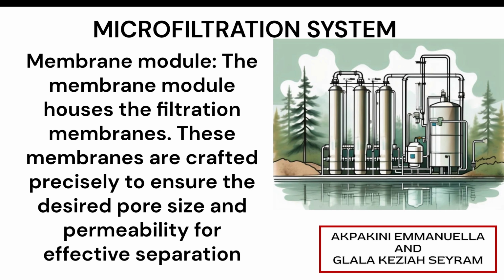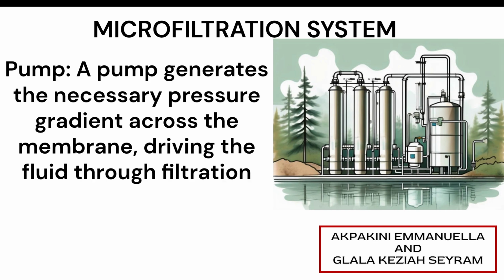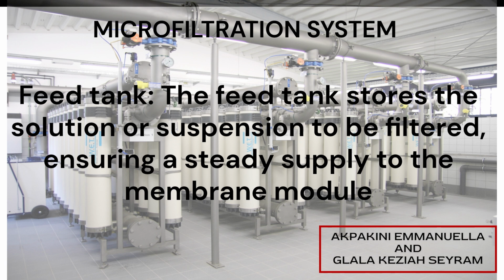These membranes are crafted precisely to ensure the desired pore size and permeability for effective separation. A pump generates the necessary pressure gradients across the membrane, driving the fluid through filtration. The feed tank stores the solution or suspension to be filtered, ensuring a steady supply to the membrane module.